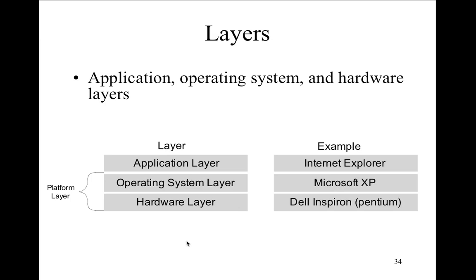We need to consider layering and tiers in building this enterprise environment. The application, the operating system, and the hardware would be a primitive example of layers or tiers, with examples here. You can substitute any platform you want down here for the Pentium, XP, the Explorer.